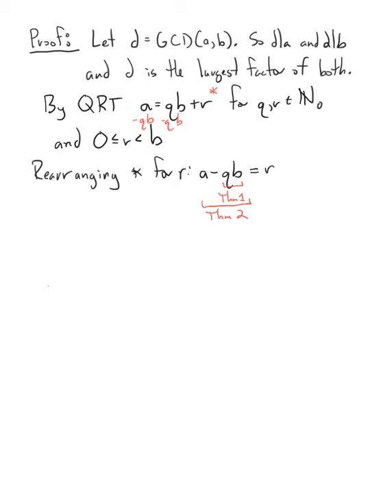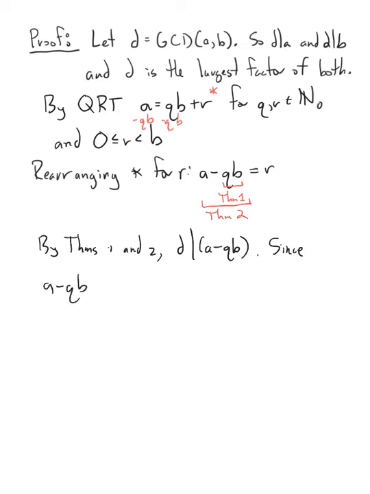By Theorems 1 and 2, D is a factor of A minus QB. But A minus QB equals R, the remainder. So since A minus QB equals R, well, D must be a factor of R.